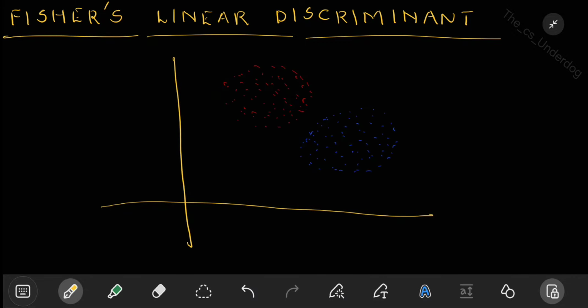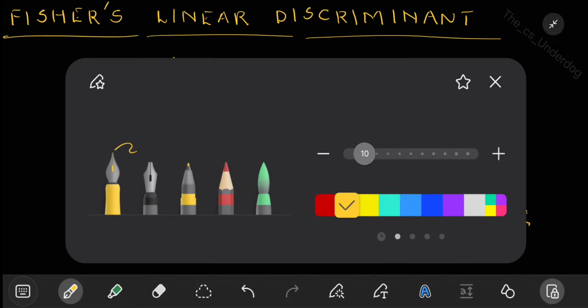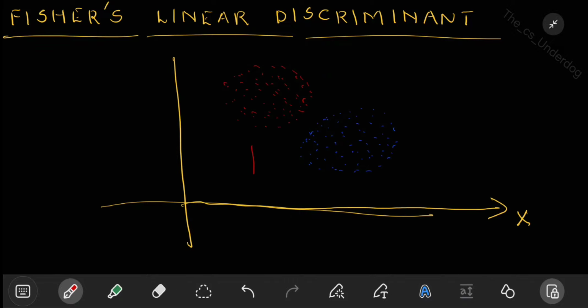Let us say your first attempt is to project it onto the x-axis. Let us say you try to project all the points down to the x-axis. What will happen? Let's say all these red points are projected and they come down here on the x-axis.